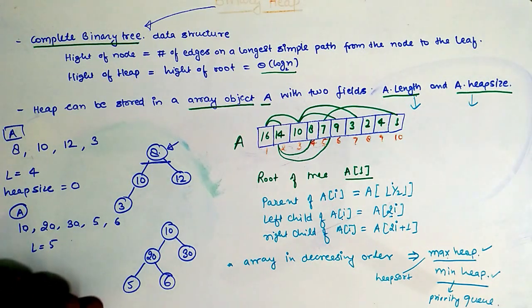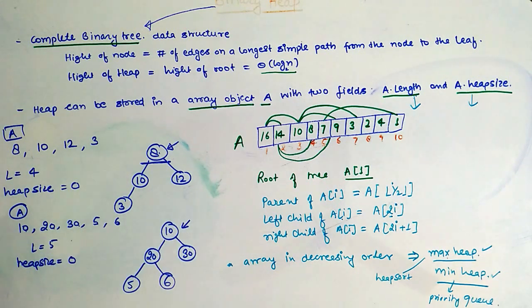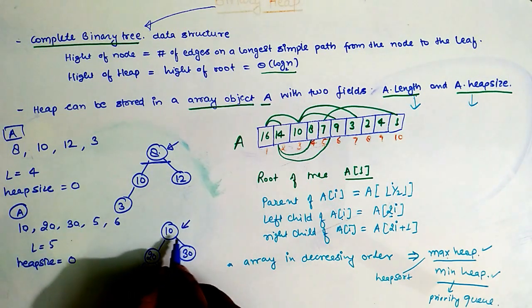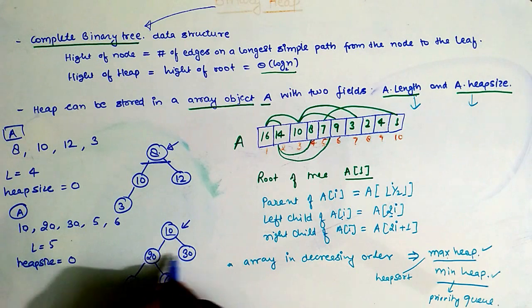If I consider this tree as a max heap, then the heap size would be 0, because the root key value is not greater than the child values.